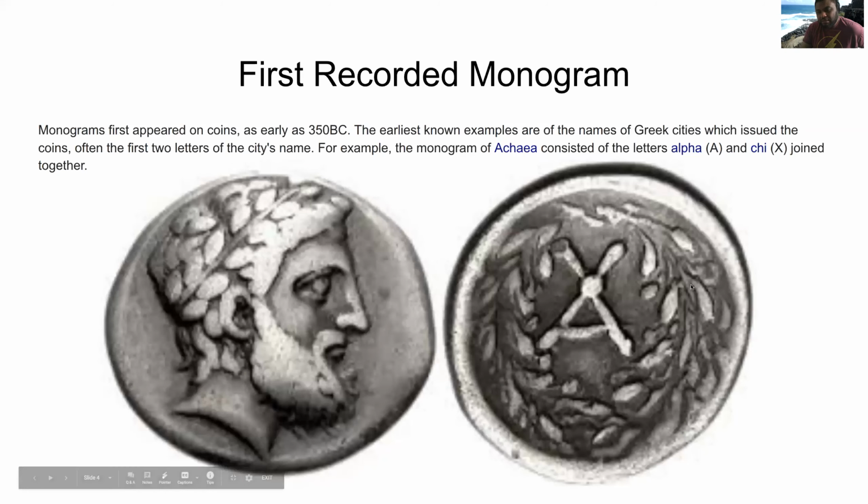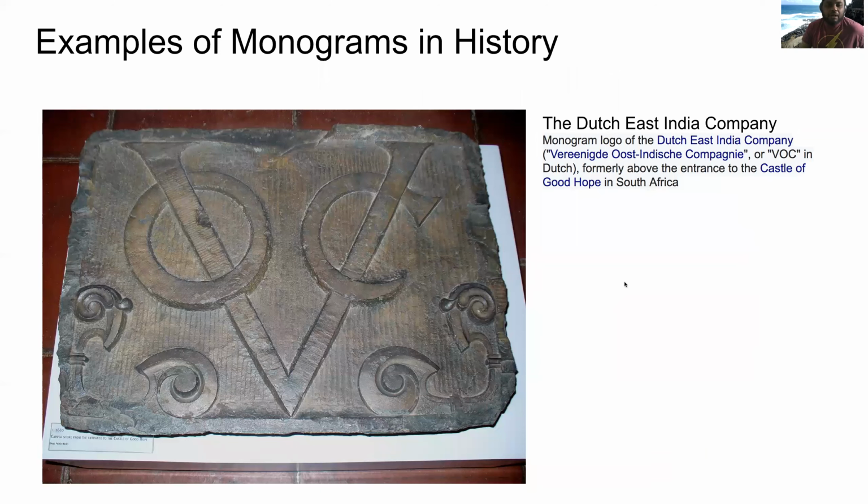They also put these leaves and vines, usually, possibly the olive branch. But this is also one of the most famous companies in the history of the world, the Dutch East India Company. You can see their acronym is VOC, and although we call them the Dutch East India Company, their translation is right here, the V, O and C, which is how you write Dutch East India Company in their language.